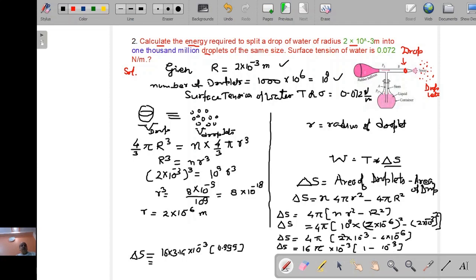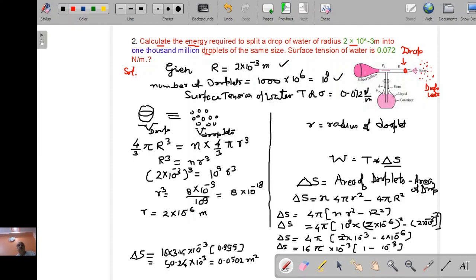So we may calculate it. It is 16 into 3.14. It comes out 50.24 into 10 to the power minus 3, which approximately comes out 0.050 meter square.